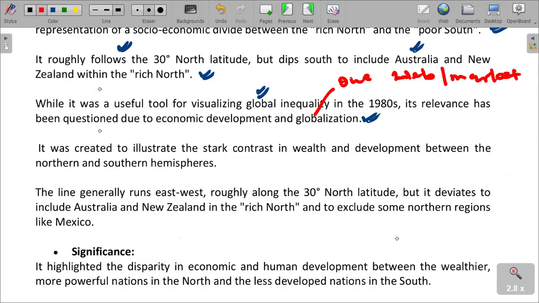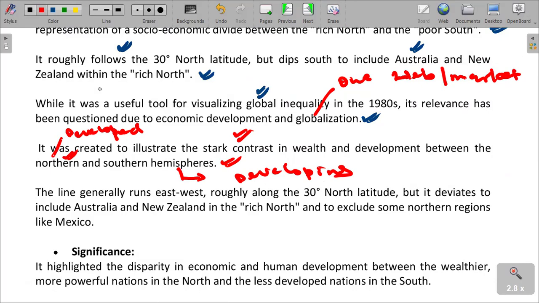So it was created to illustrate the stark contrast, the north-south divide or the Brandt line. It was actually created to illustrate the stark contrast in wealth and development between the northern and the southern hemisphere. So the northern, we talk about the developed, and then the southern, we are saying it is the developing countries.